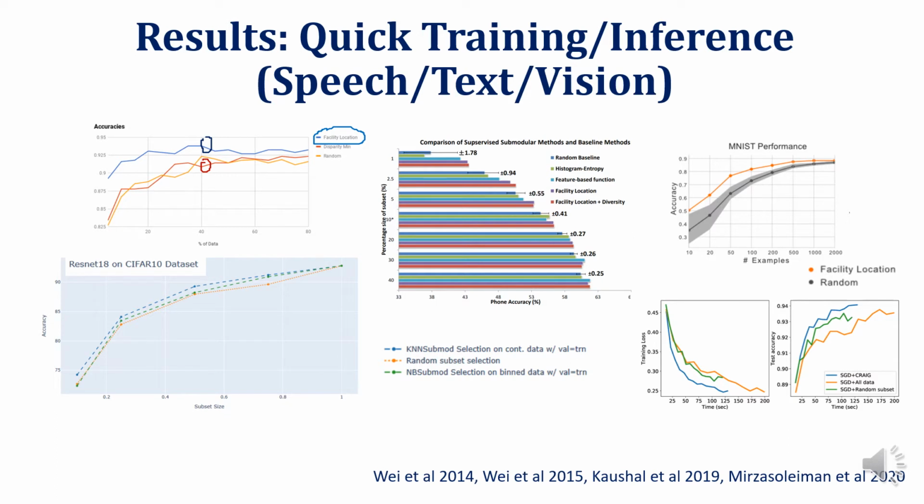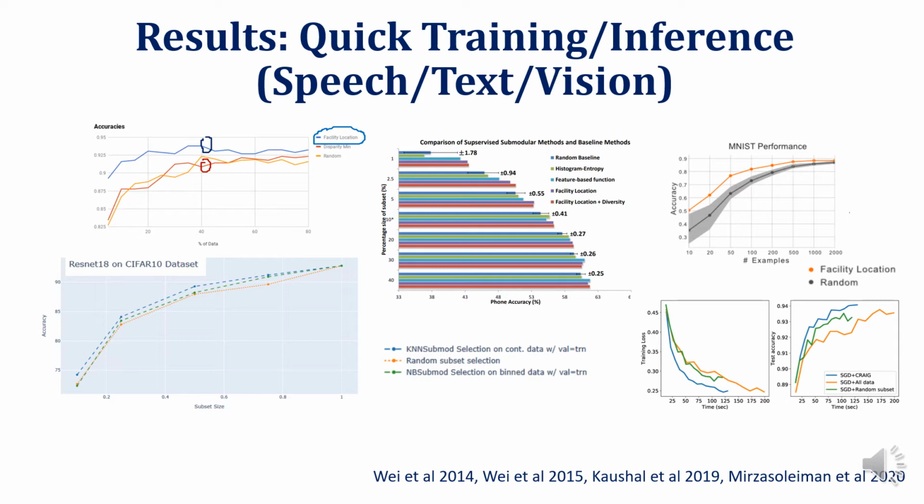As a first application, we evaluate the efficiency of our subset selection methods to enable learning from lesser data, yet incurring minimal loss in performance. So here are results. For example, the first application, k nearest neighbor classification, the face and gender data sets. So as hypothesized, using only a portion of the training data, say even 40%, we get similar accuracy as with just using the entire 100% data.